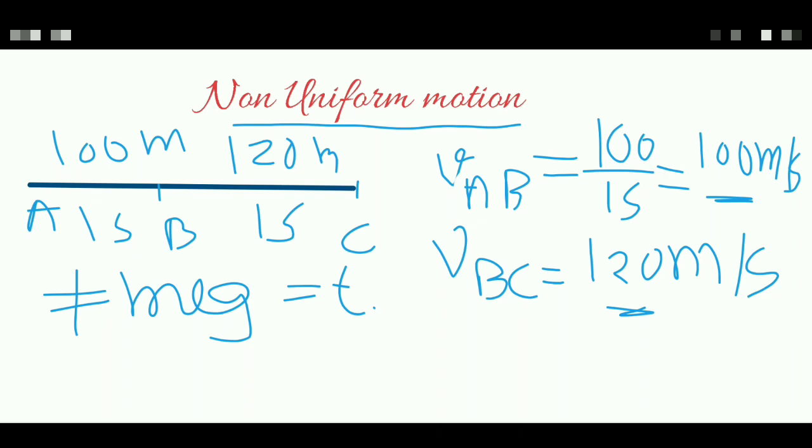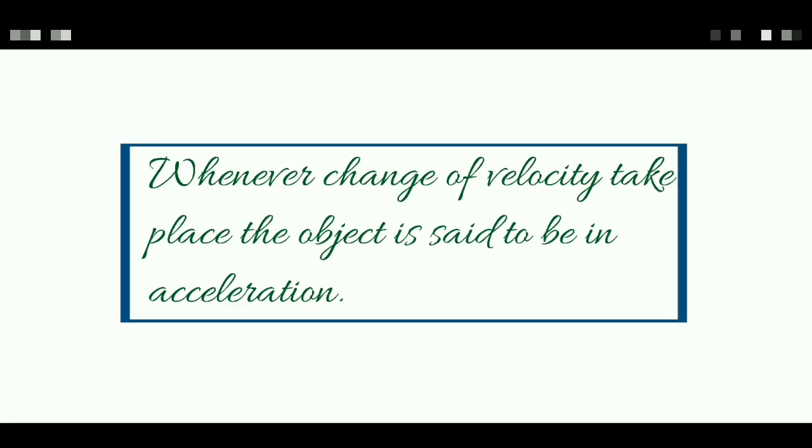So what I am trying to say, student, is that whether an object moves with uniform motion or non-uniform motion, whenever the changing of velocity takes place, the object is said to be in acceleration.